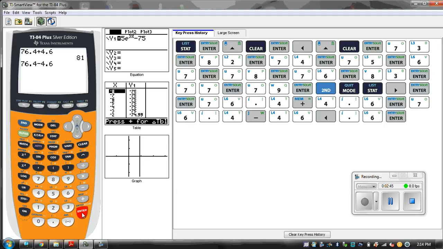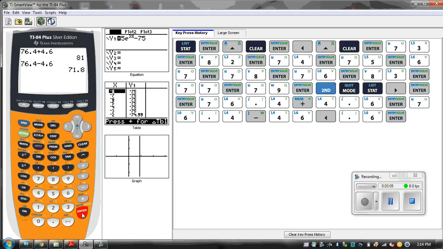So, of the empirical rule, the lower part of that 68% is 71.8, and the upper part of that 68% is 81.